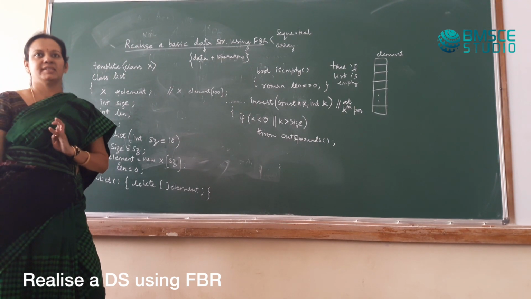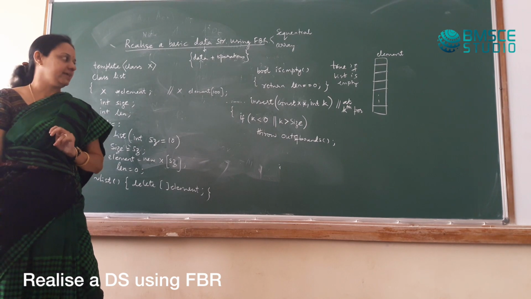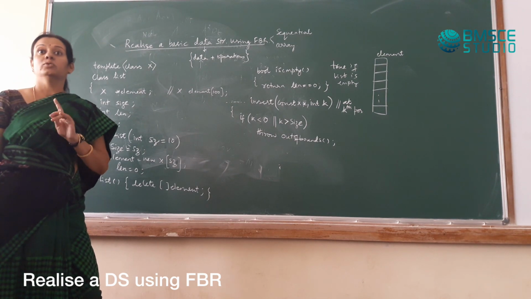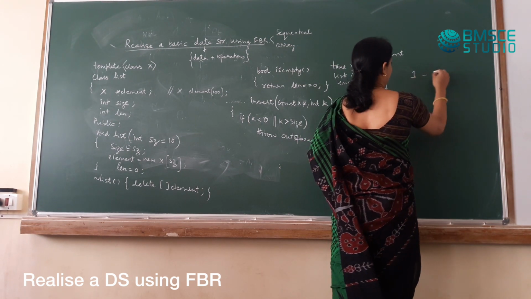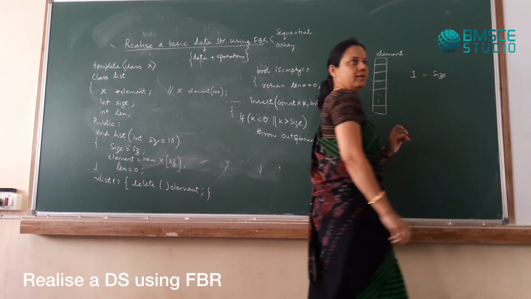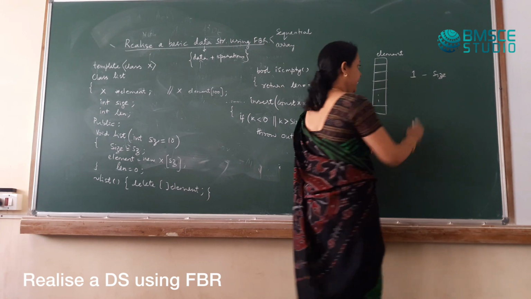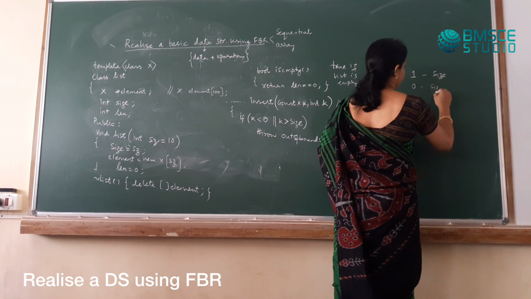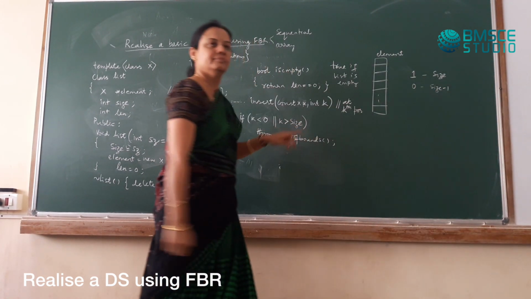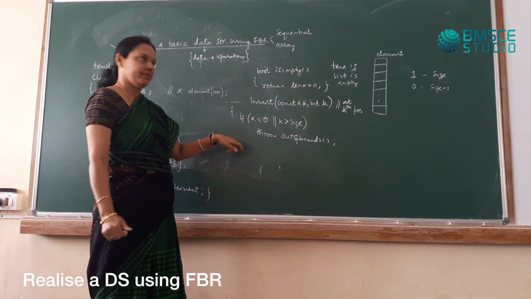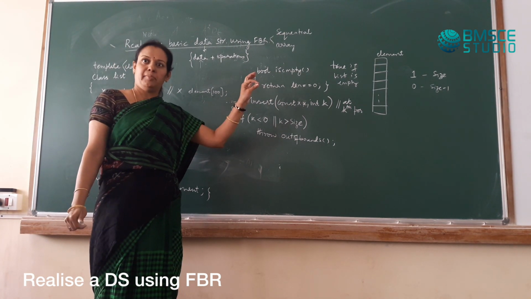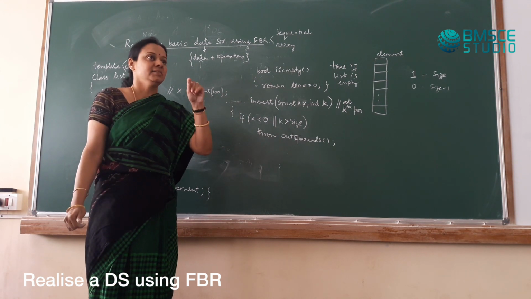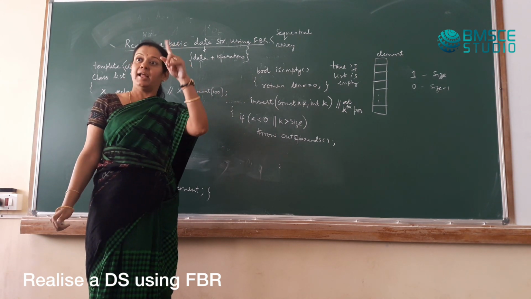If k less than 0 or k greater than size. For the user it is 1 to size. For us it will be 0 to size minus 1. How I map is different. When I store it in memory, if the user says insert at the first location, I'll put it in 0.